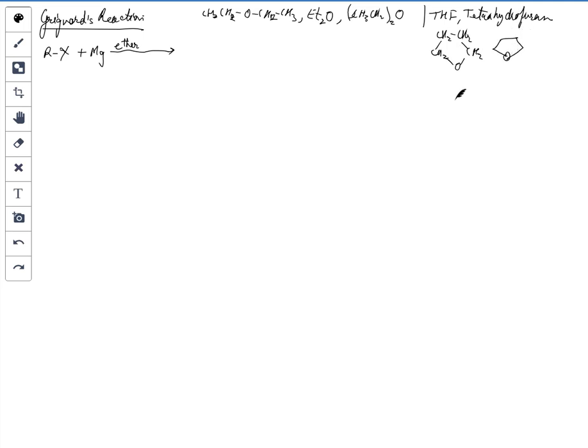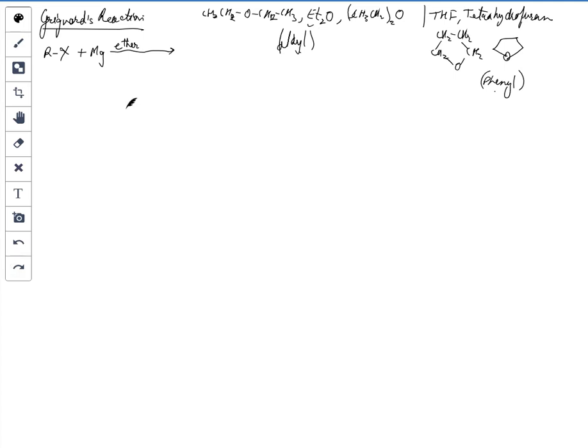The only difference between these two ethers is that if we have any alkyl group, we use Et2O. But if instead of R we have phenyl, we use THF. So if it is phenyl, we use THF, and if it is alkyl, we use this.